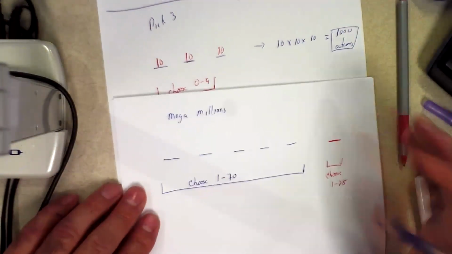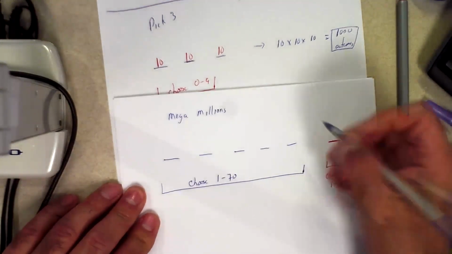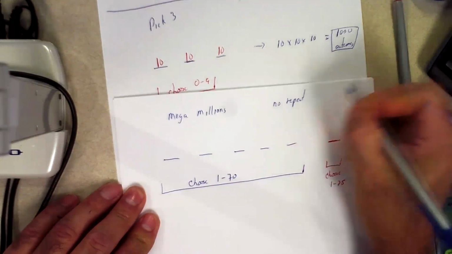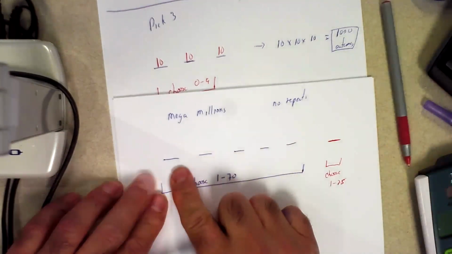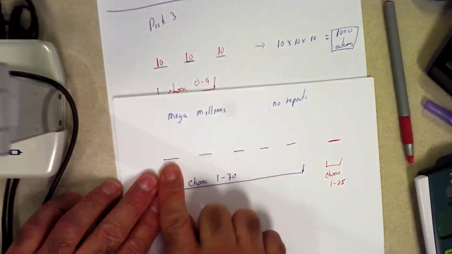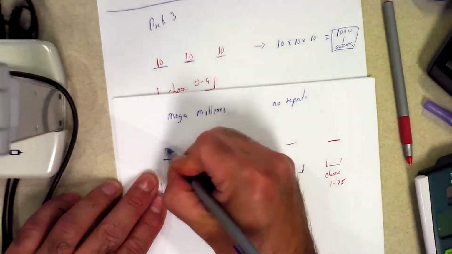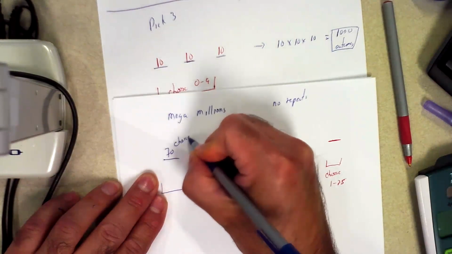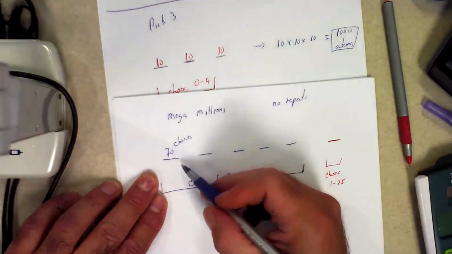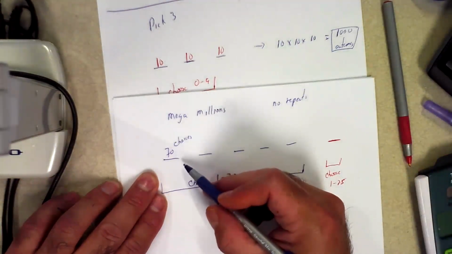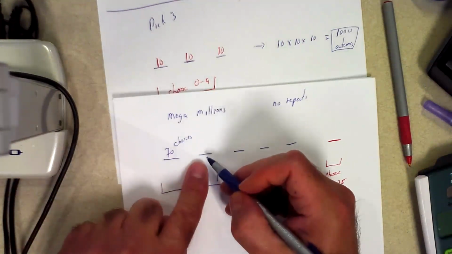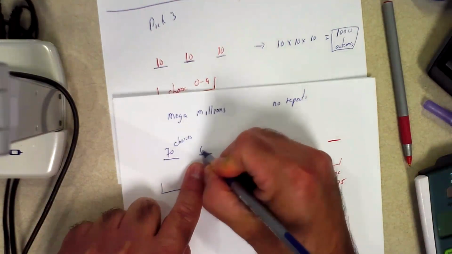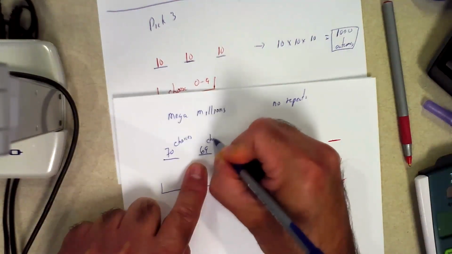And because you cannot repeat, no repeats, for my first ball I have 70 choices, from 1 through 70. But once I select that ball, I can no longer use it. So my choices decrease by 1. For the next ball, I only have 69 choices because I can't use the same ball.